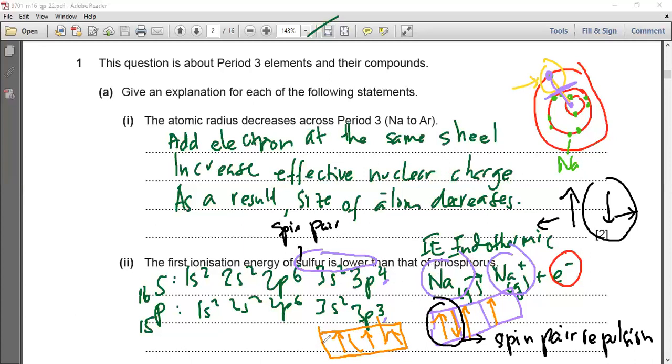The electrons are located in their own respective orbitals, which decreases repulsion. If the repulsion effect is so low, then it is not that easy to remove this electron.